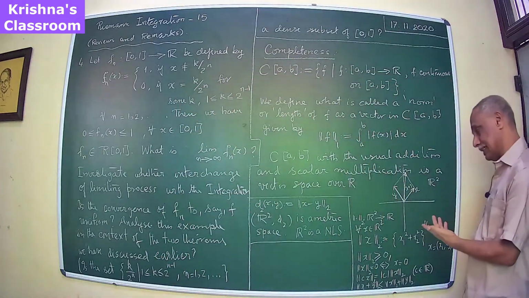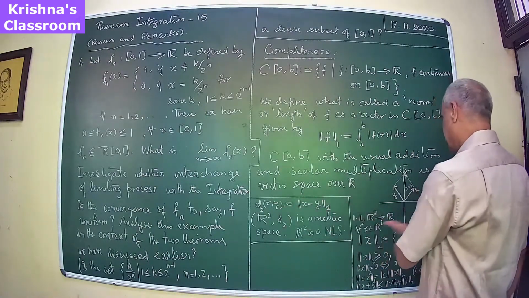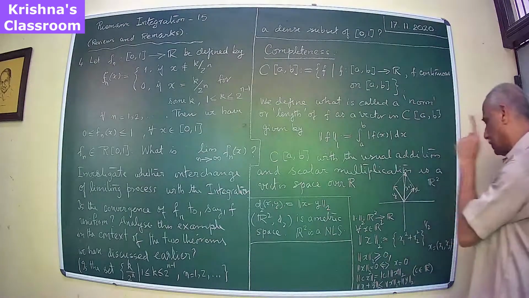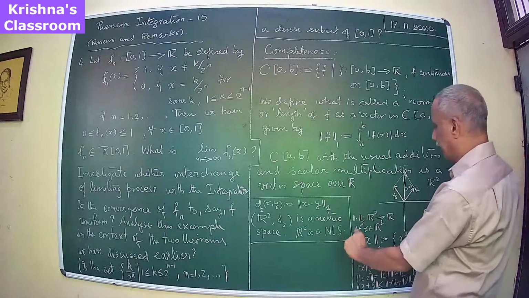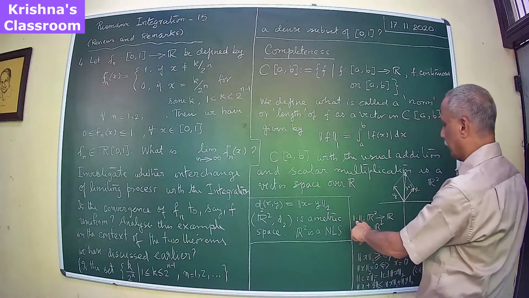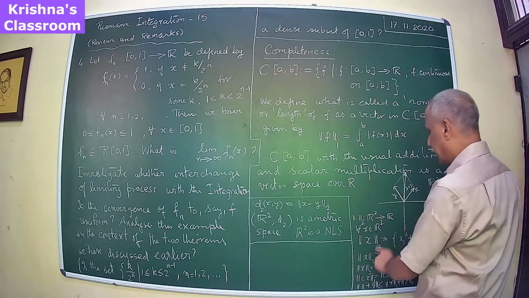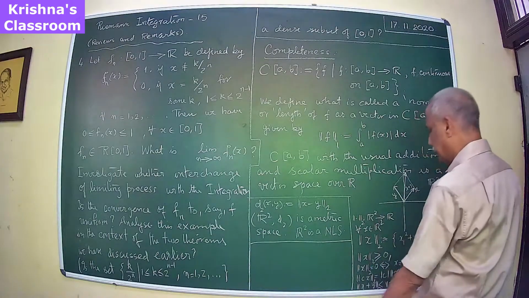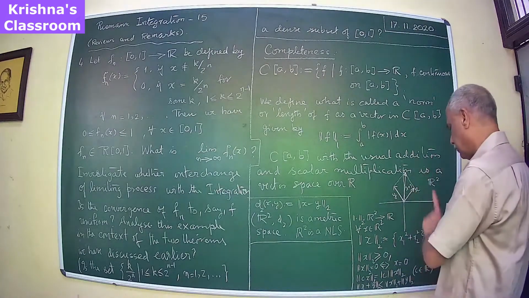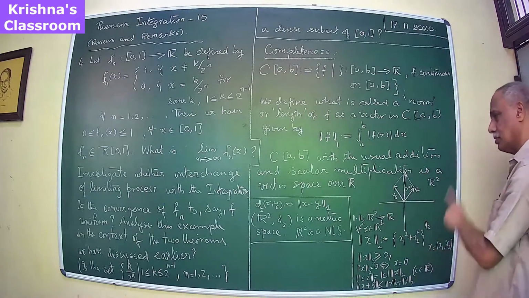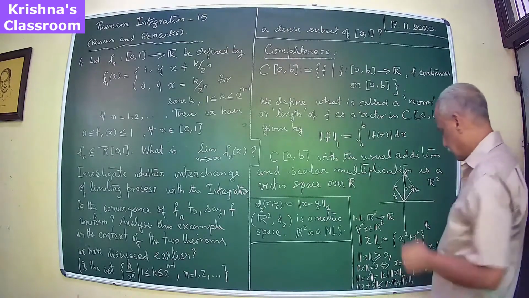There is also, as I said, a possibility that you can introduce the norm in very many different ways, because in that case what you look at is this: a norm is defined as a map from the space to R which satisfies these conditions, namely norm of x is greater than or equal to 0, norm of x equal to 0 if and only if x equal to 0, norm of cx equal to mod c times norm x, norm of x plus y is less than or equal to norm x plus norm y.